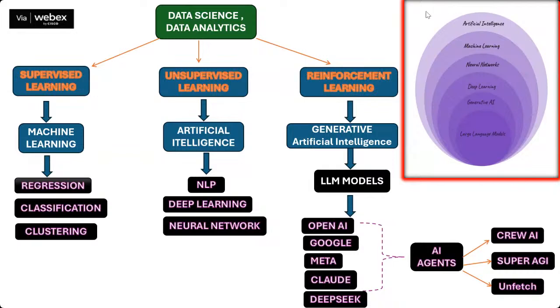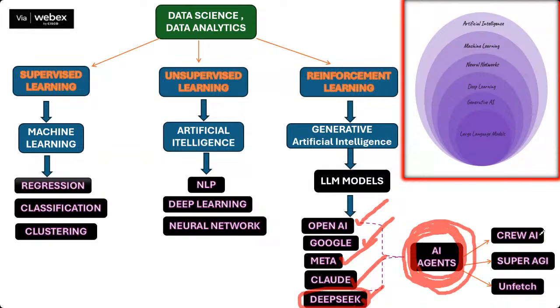If you see LLM models: OpenAI, Google, Meta, Claude, DeepSeek. Understand, team? And AI agents, which I'm going to take in my next workshop on AI agents on 23rd of February: CrewAI, SuperAGI, Unfetch.